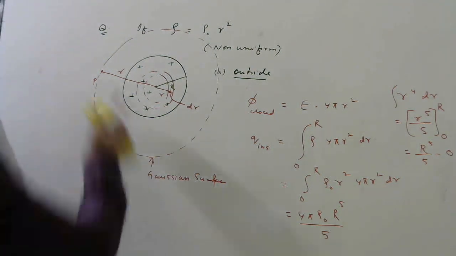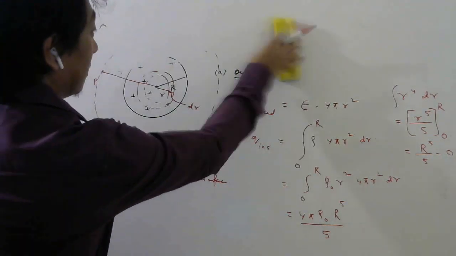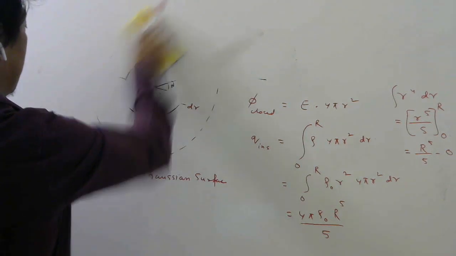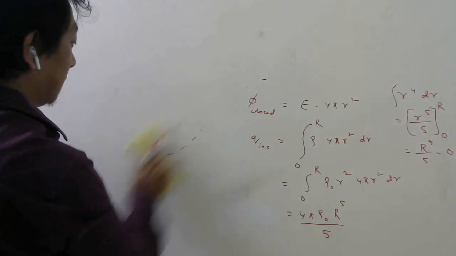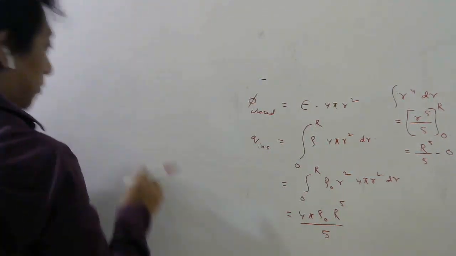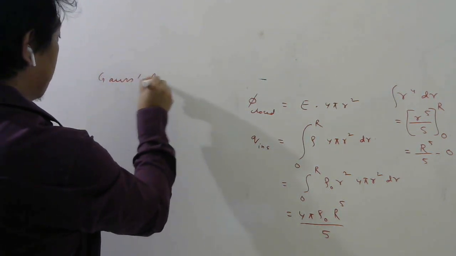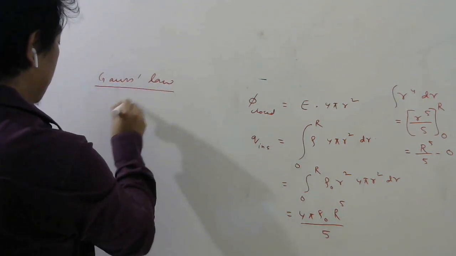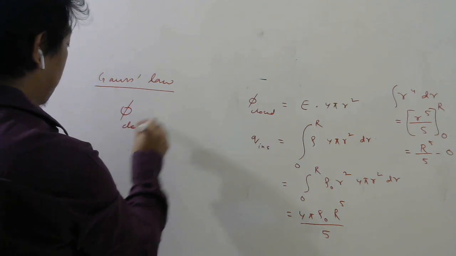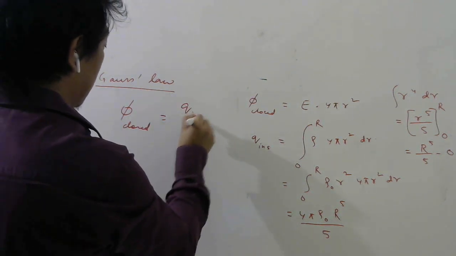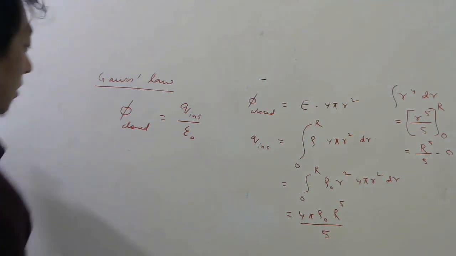So once we have found the charge inside, what will be the electric field outside now? To find the electric field outside, we will make use of Gauss law. Gauss law says total flux through a closed surface is equal to charge inside divided by epsilon naught.